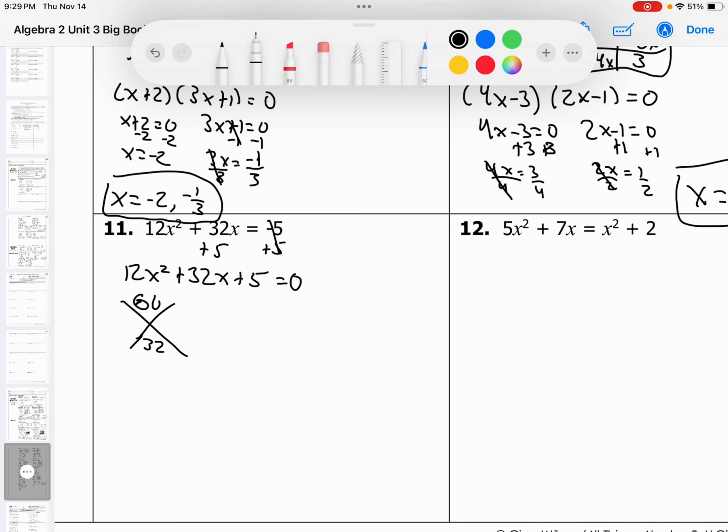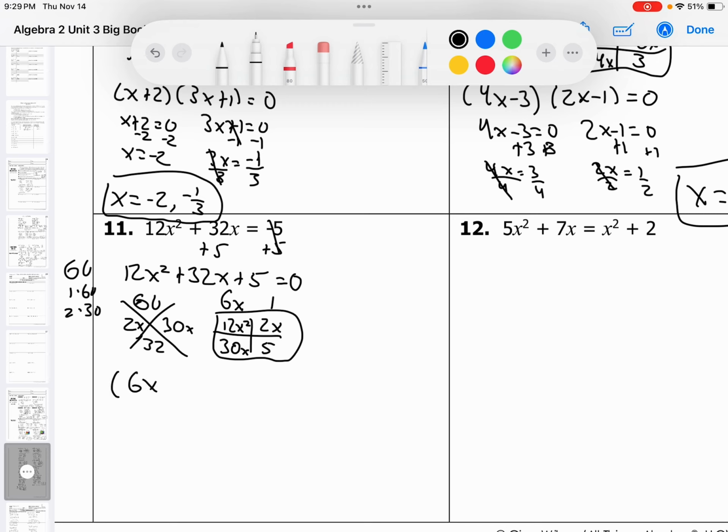So then we need numbers that would multiply to 60 and add to 32. So let's see. For 60, we could get 1 times 60 or 2 times 30. Those are going to be the ones I want. 2 times 30. And then I can do the box with 12x squared and 5 in these boxes, 2x and 30x in these boxes. 12x squared and 30x would have 6x in common, and then 2x and 5 would have 1 in common.